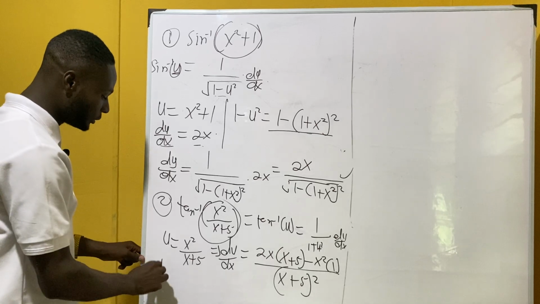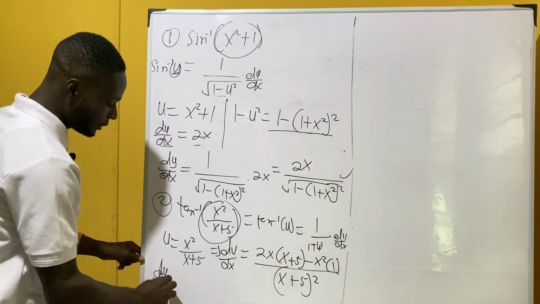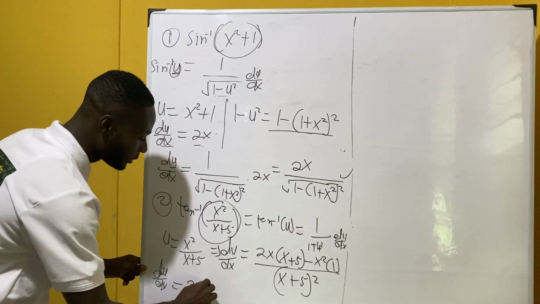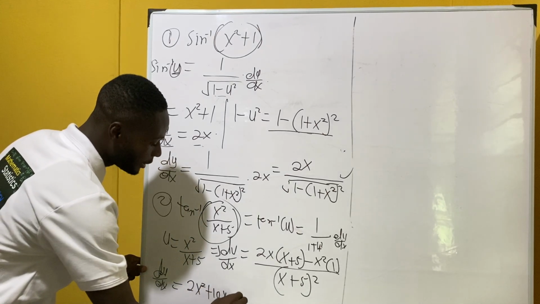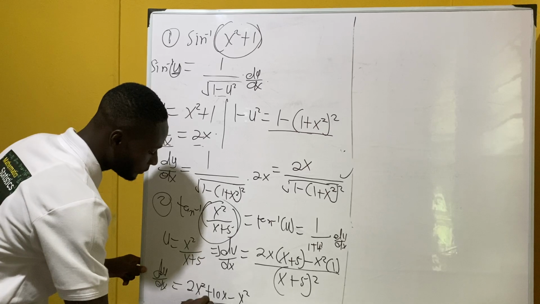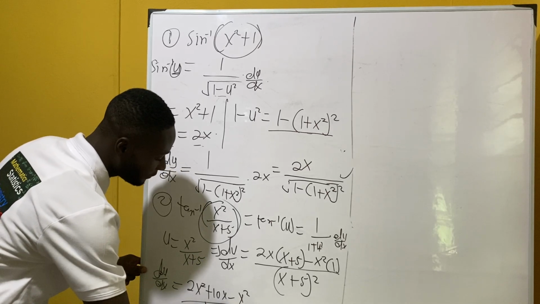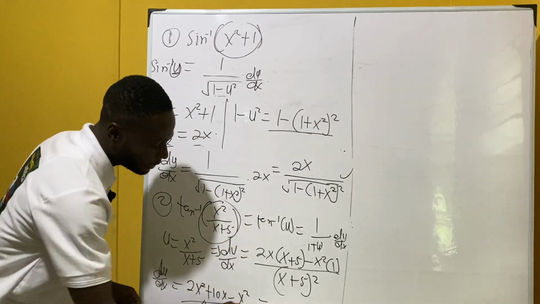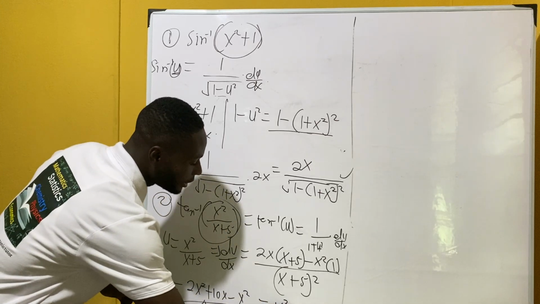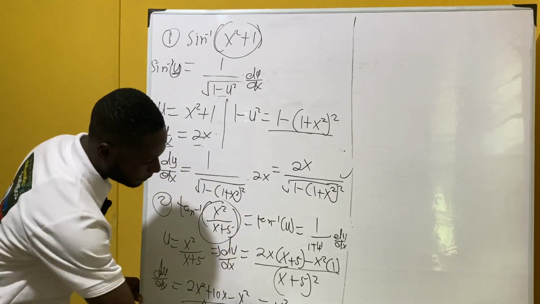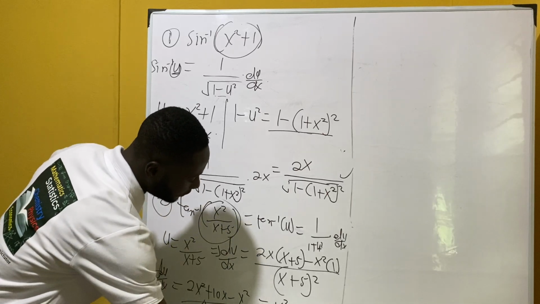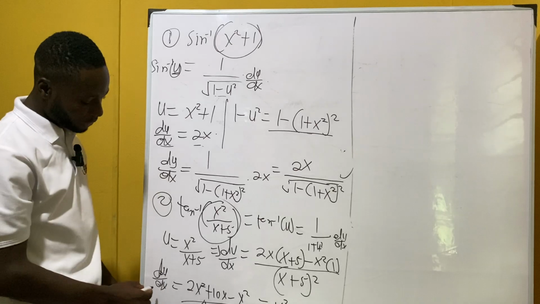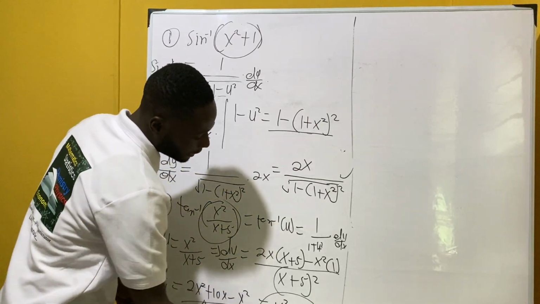So we have du dx equals, when we expand this, 2x squared plus 10x minus x squared all over x plus 5 all squared. So we simplify this, and we are going to have x squared plus 10x all over x plus 5 all squared. So we have our du dx right here.